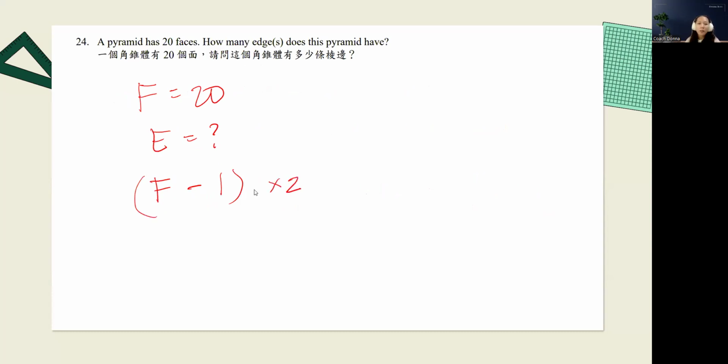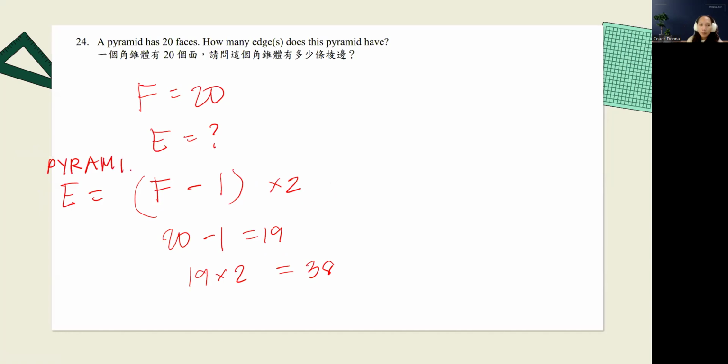So faces is 20 minus 1, that's 19. But remember, we need to multiply by 2. 19 times 2 is 38. So our answer is 38. That's it for this question. This is your formula, but only applicable for pyramids.